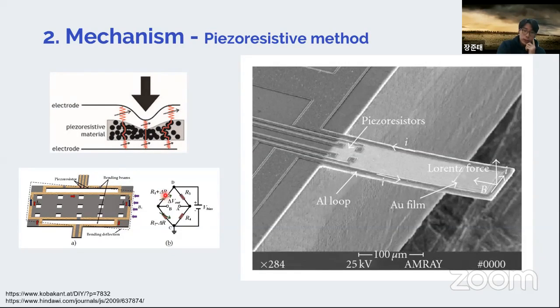You can see the delta R. Then we can measure the V out and current to sense the bending degree and twist degree. And this is the microscope picture of a piezoresistive cantilever. You cannot see where the piezoresistive material is because it is wrapped by passivation. So we'll check it later in the fabrication process.